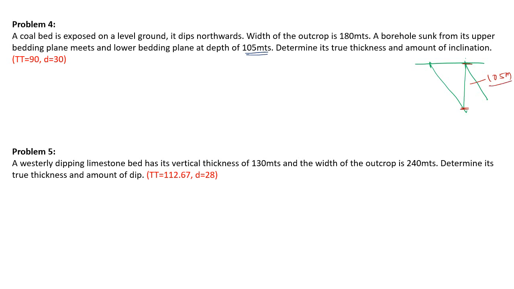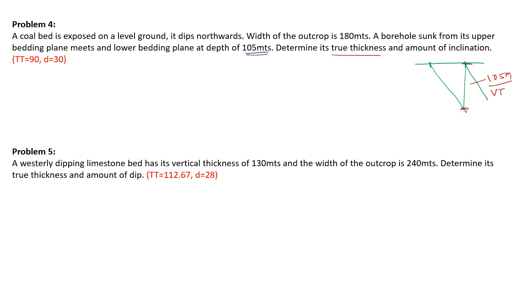This will be your VT, that is vertical thickness. They are given, but not directly said as vertical thickness. They said in a very tricky manner that the borehole sinks from the upper bedding plane and meets the lower bedding plane at 105 meters. So that is nothing but your VT.